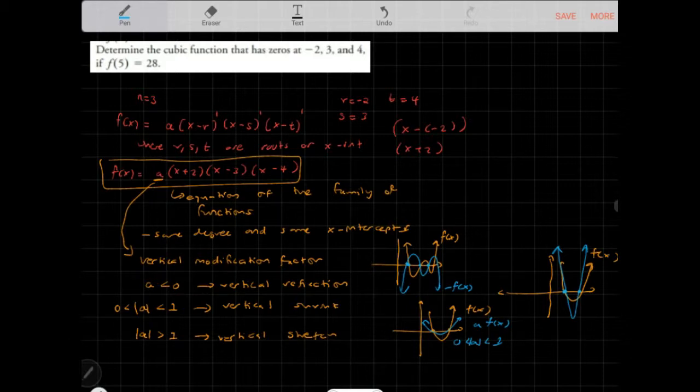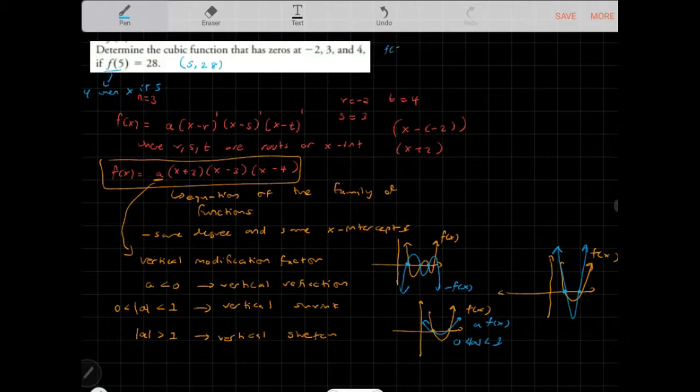We want to figure out what this a value is, and we know that we're given a point, f of 5 is 28. That tells us that (5, 28) lies on the graph. Remember that f of 5 basically means y when x is 5. So y when x is 5 is 28, so the point is (5, 28). So what you want to do now is plug this into your function.